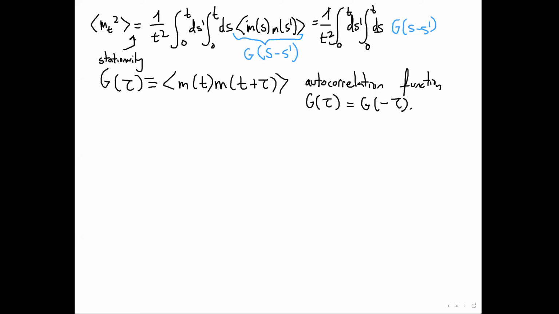To do this, I will try to show you another definition of MT. So what is MT? MT, in reality, is, so we are counting at time t how many molecules are in the volume A. In reality, it can be written as a sum from j equals 1 to n of Wj(t).